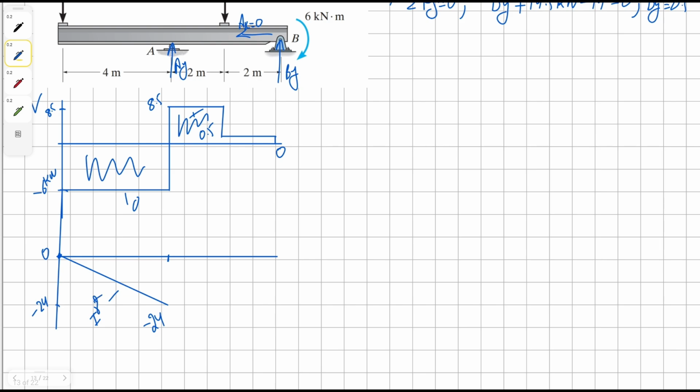So 17 take away 24 is negative 7. So negative 7 is going to be somewhere here. Once we have our negative 7, now we can proceed with our last point, which is this. So 0.5 times 2 gives us 1.